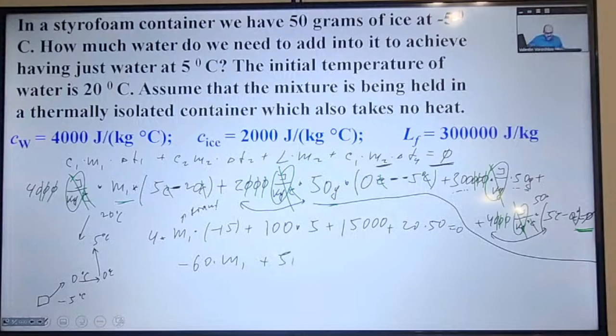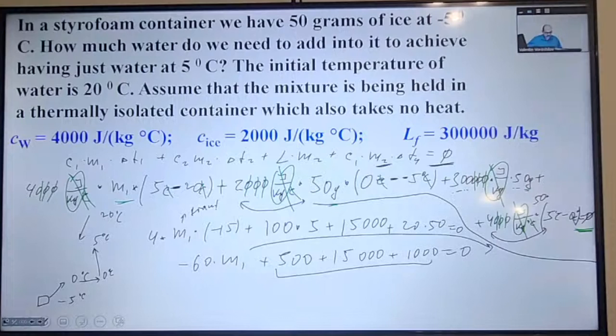So this is 500. This is 15,000. And this is going to be 2 times 5, 10, so 1,000, equals 0. Okay. Now, this whole thing is positive. This I can move over there. 15,000, 16,500 will be equal to 60 times m1.